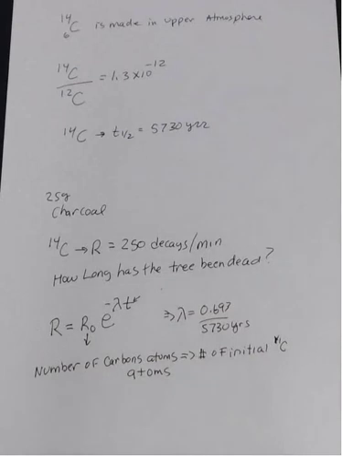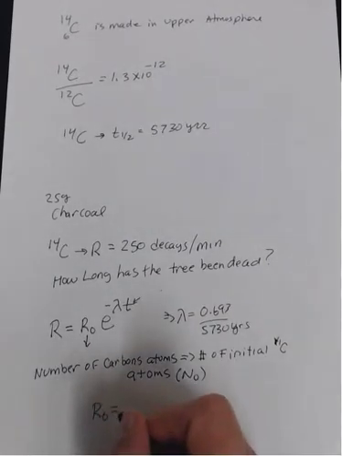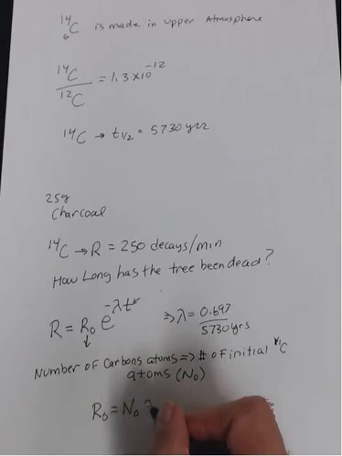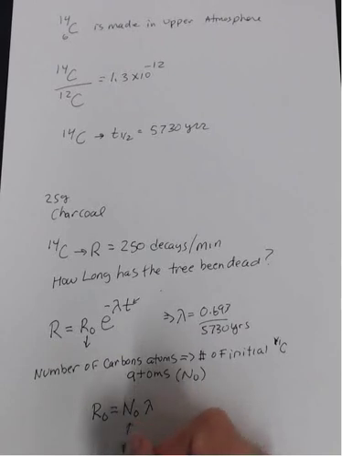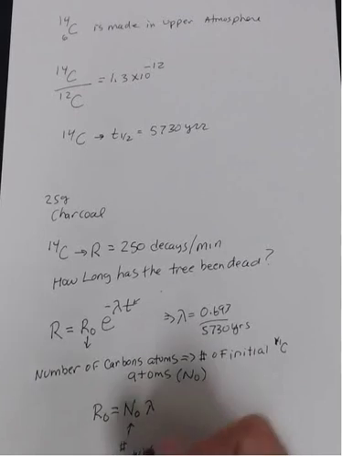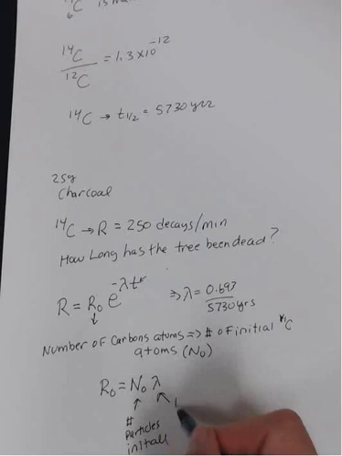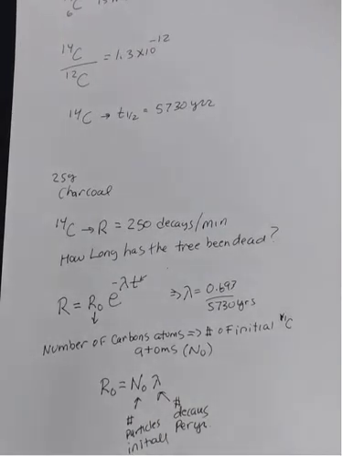If we know the number of carbon-14 atoms that we had initially, which we'll call N naught, then the initial rate should have been the number you have times the number of decays per second, which is dictated by that lambda. Number of particles initially, number of decays, in this case per year.